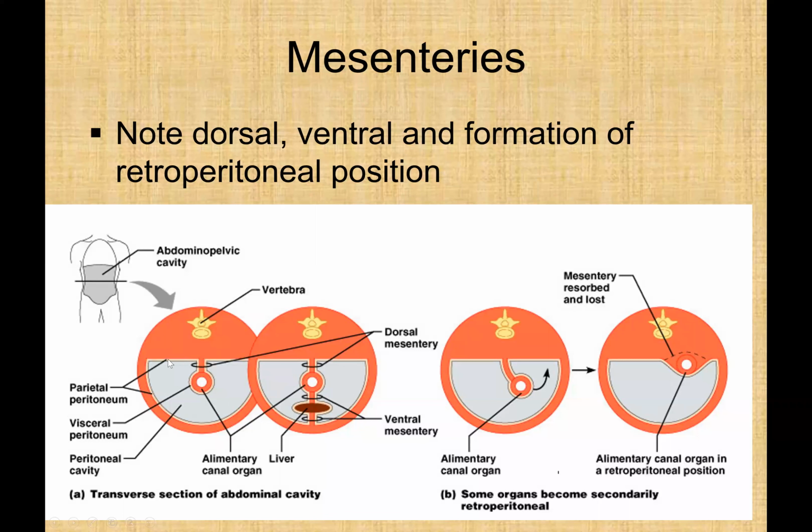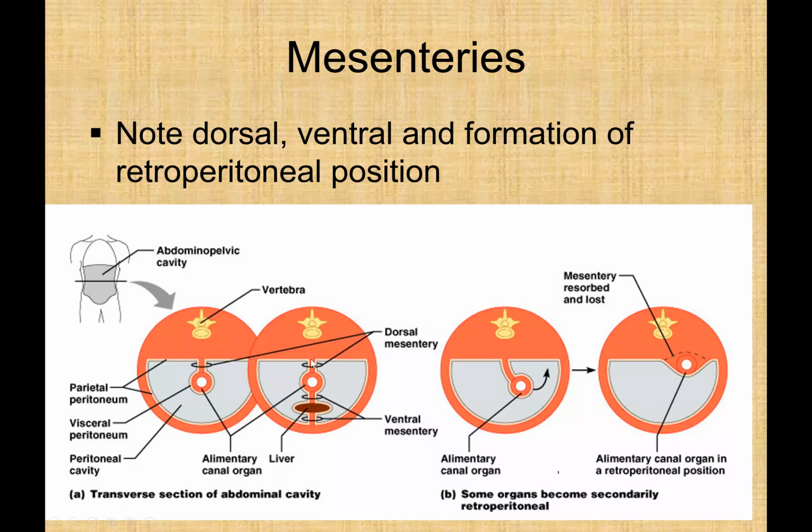The black one is the visceral peritoneum. So you can see how the visceral peritoneum comes out. And then this is the alimentary canal. So anything that surrounds the alimentary canal, we call it the mesentery. Now that mesentery is a double fold of the peritoneum.